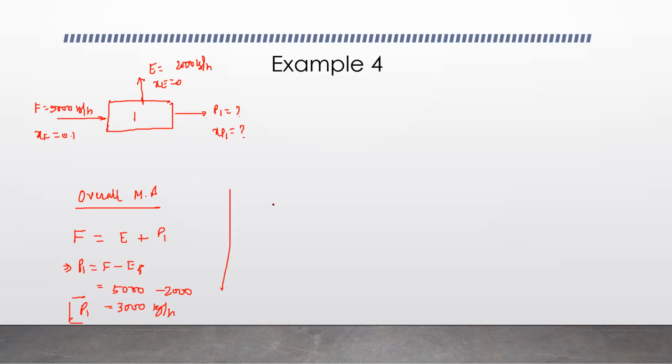Then I'm going to make component balance equation, or I can say my solid balance equation. So when we are doing solid balance equation, then I'll have XF into F is equal to XP1 into P1. So that is 0.1 into 5000 is equal to XP1 into 3000, right?